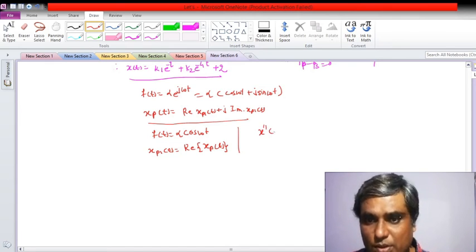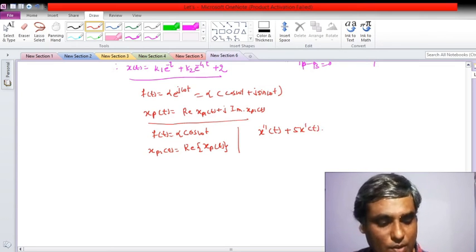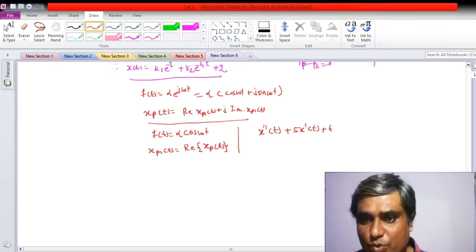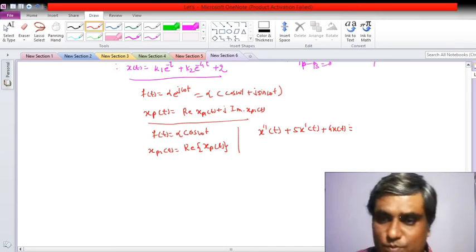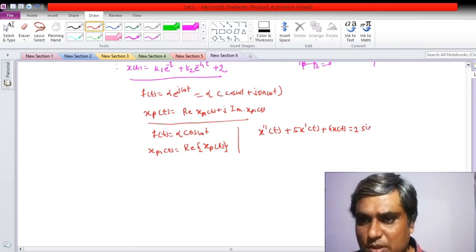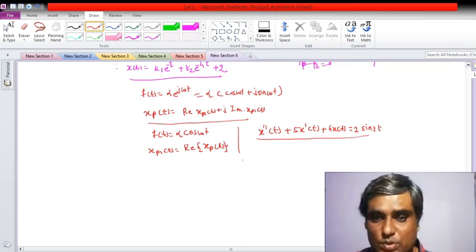Suppose I have x double dash of t plus 5x dash of t plus 4x of t equal to 2 sin 3t.